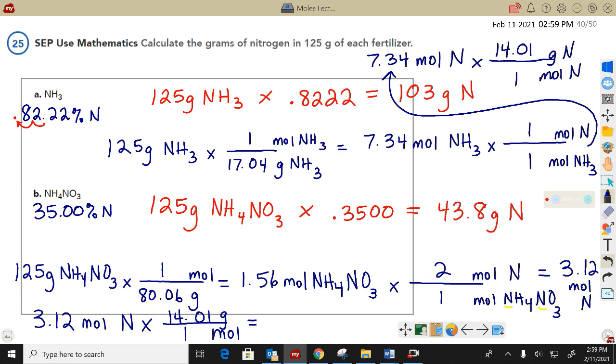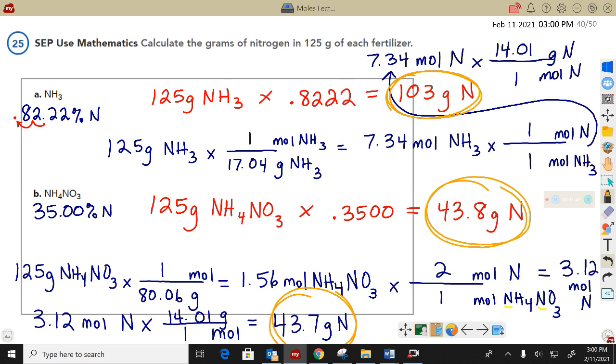Watch this. 3.12 times 14.01. What do you know? I get about 43.7 grams of nitrogen, which is pretty darn close to what I got with the percent composition. And same thing here. I was looking at about 103 grams of nitrogen either way.